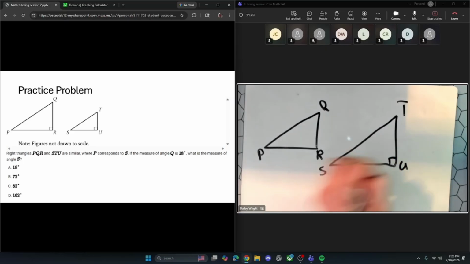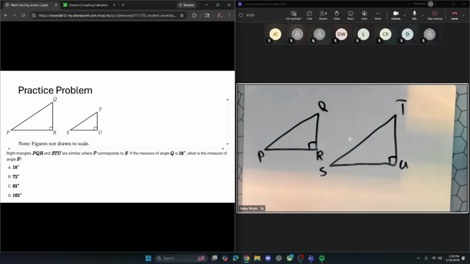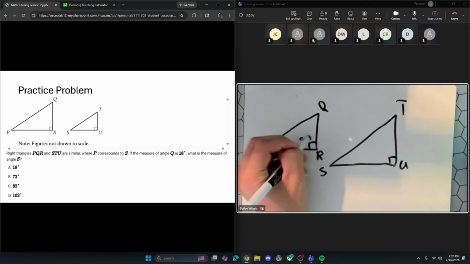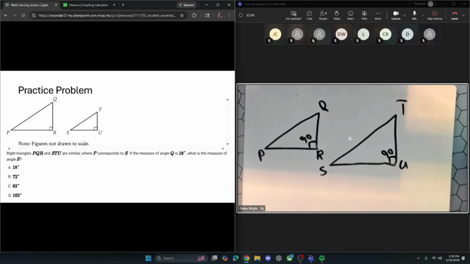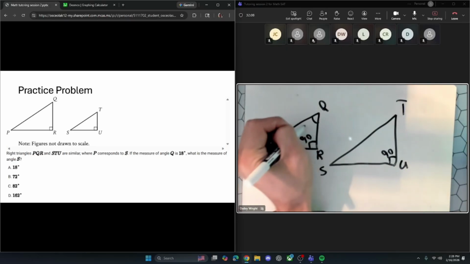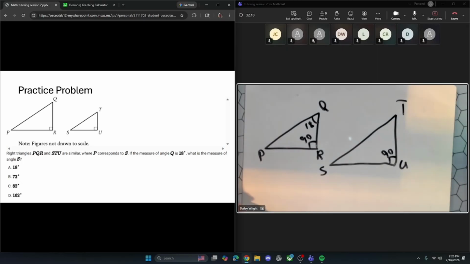As you guys have noticed, I've drawn every single triangle out. It's literally the best way to make sure you get triangle problems right on the SAT. So these have the little square in the side, so you know they're right triangles, and this is 90 degrees for each of these. And it gives us that the measure of angle Q is 18 degrees.